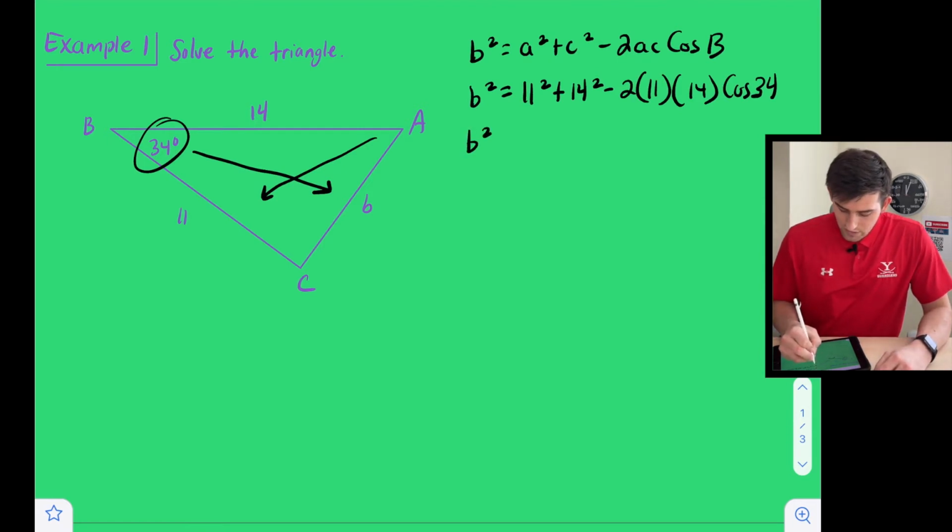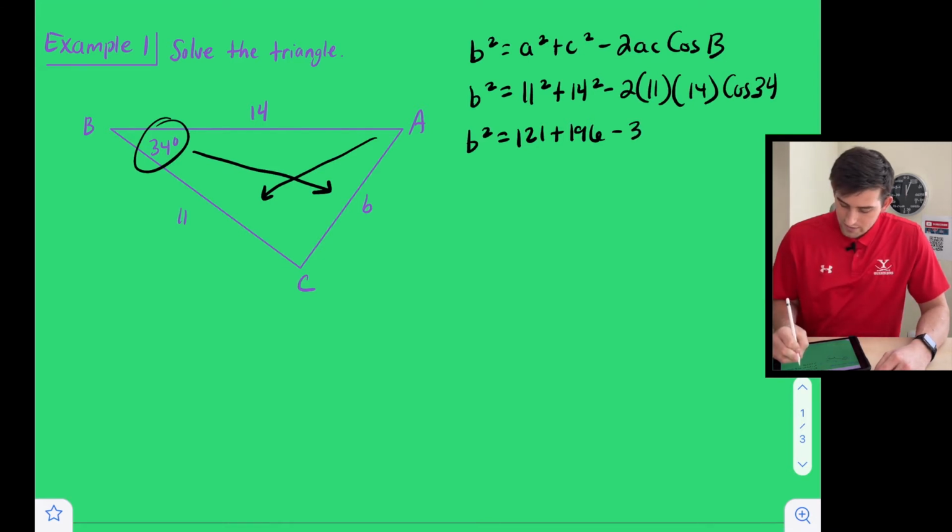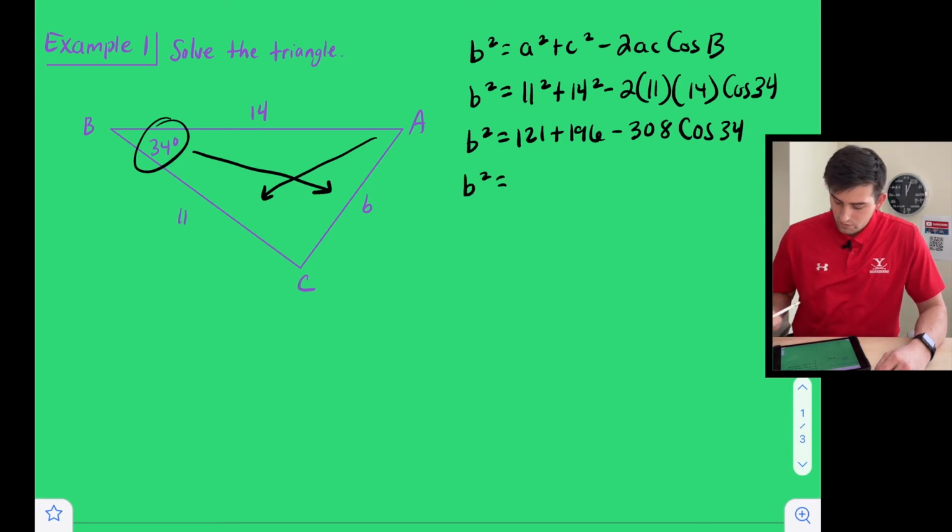So here we have b squared equals 11 squared is 121, 14 squared is 196, and now in our calculator we can do 2 times 11 times 14. So we get minus 308 cosine of 34. Now I'm going to add 121 and 196, and we get 317 minus 308 cosine of 34.